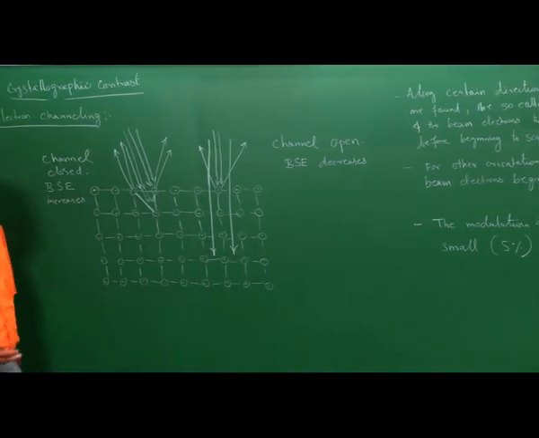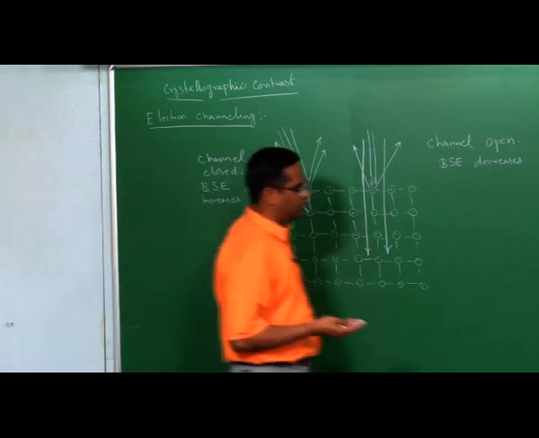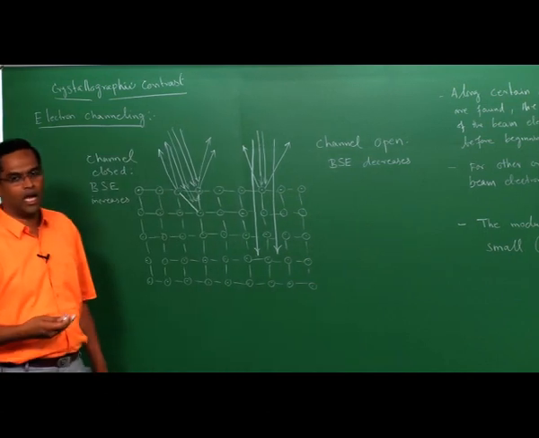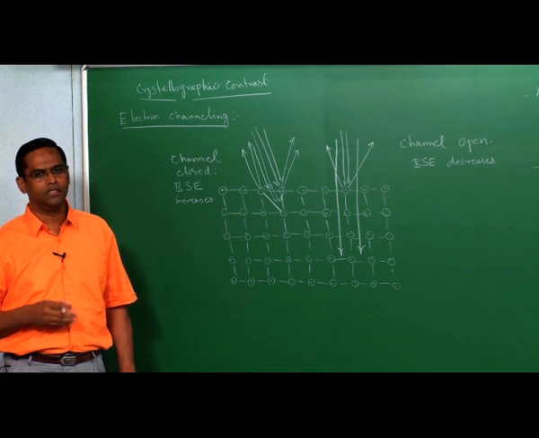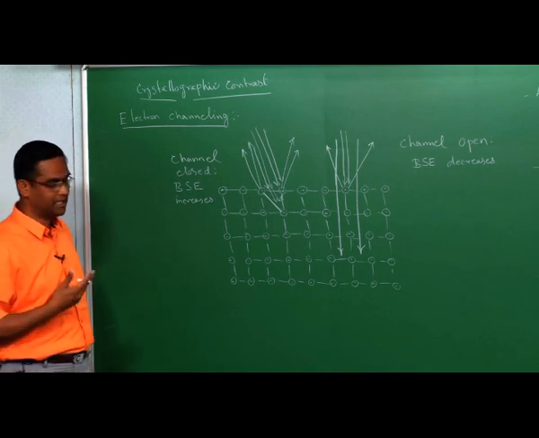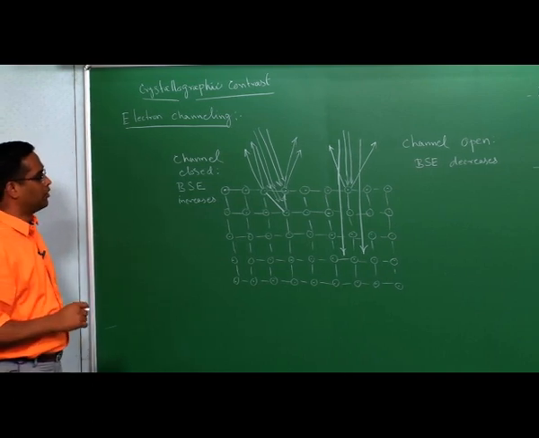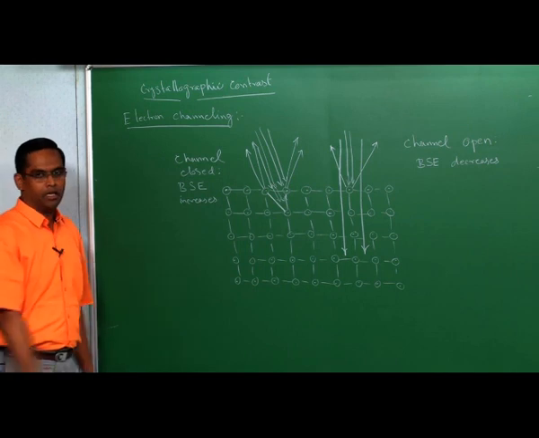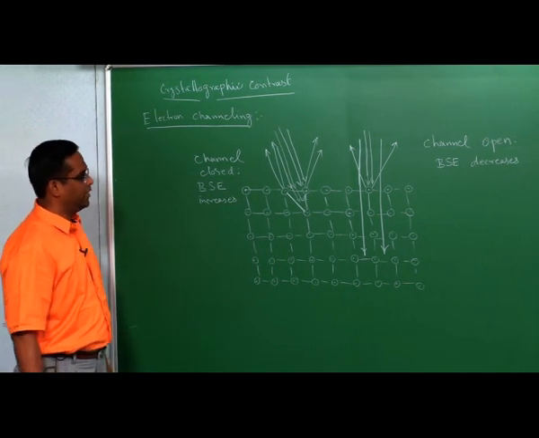So, though it is not very powerful in terms of producing contrast, it is still used sometimes and produces an electron channeling pattern, something similar to the backscattered pattern EBSD, which we are going to discuss now. So, this is also one of the imaging contrasts, the so-called crystallographic contrast under the SEM.